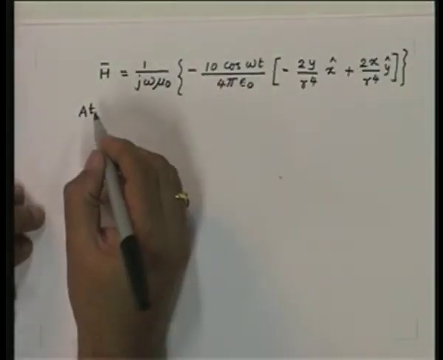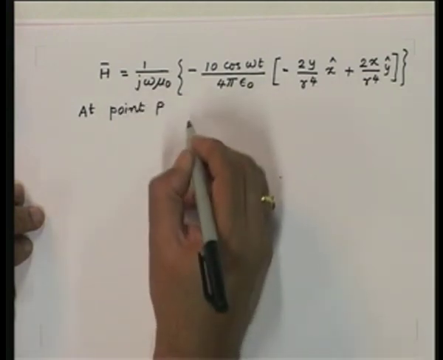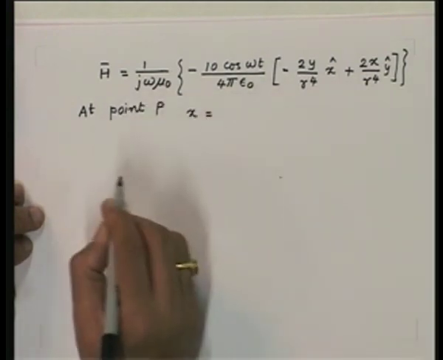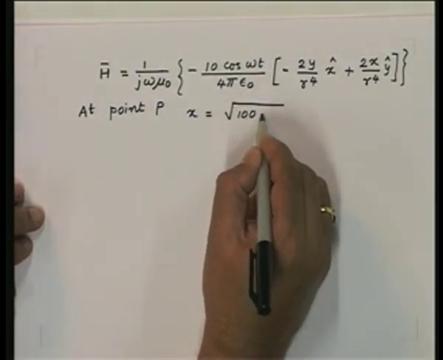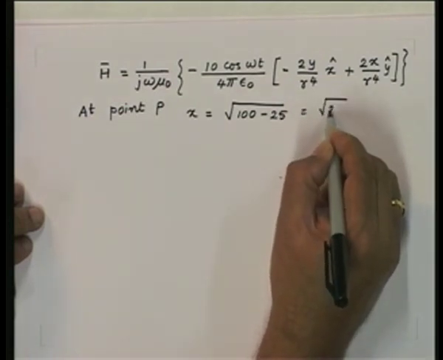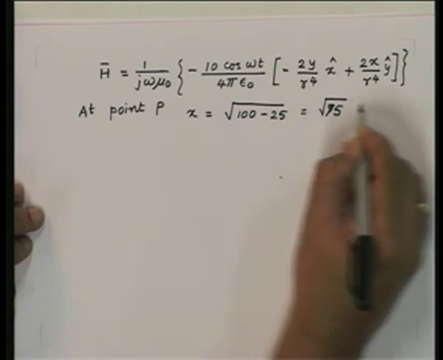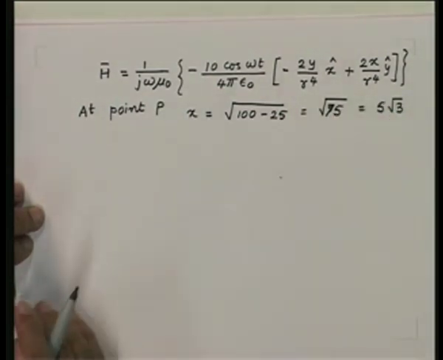So x will be equal to square root of 75. So at point P, we get x, which is equal to square root of 100 minus 25, which is equal to square root of 75, which is equal to 5 root 3.